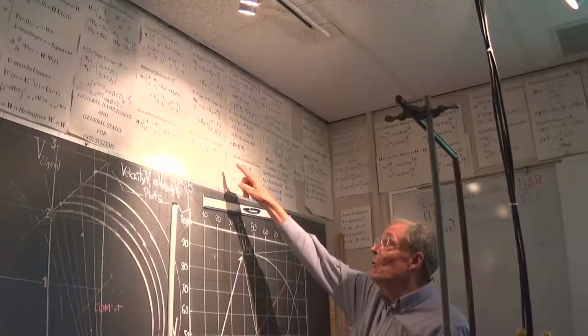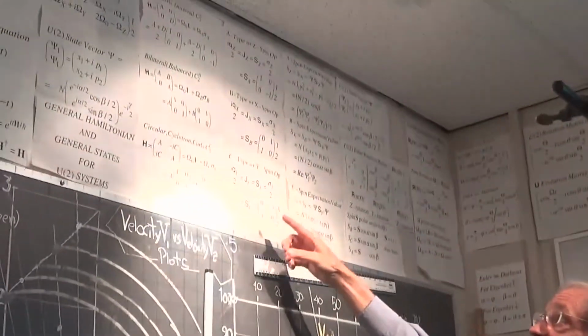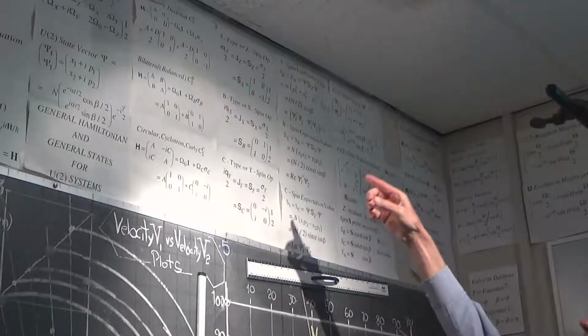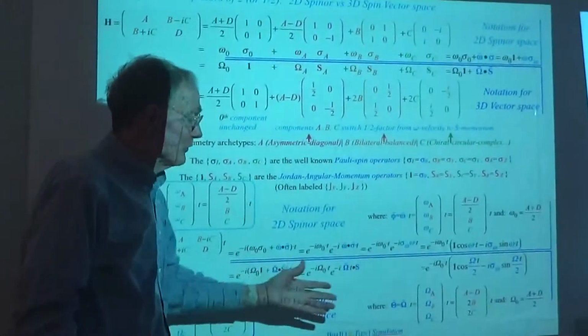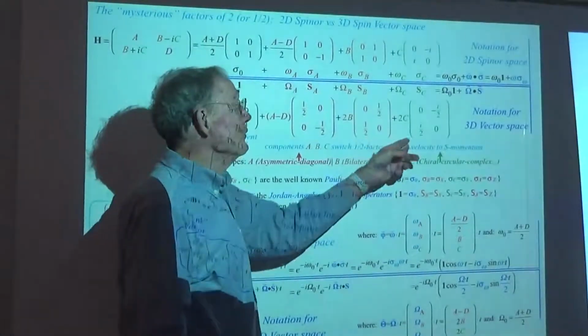So here's sigma Y right here. So that's the same as the Y spin up. Then there's the X spin up, and there's a Z spin up. So there's 3 of these guys that make up the structure of the three-dimensional world that this is going to be describing. And we're going to be using these operators to do that description.